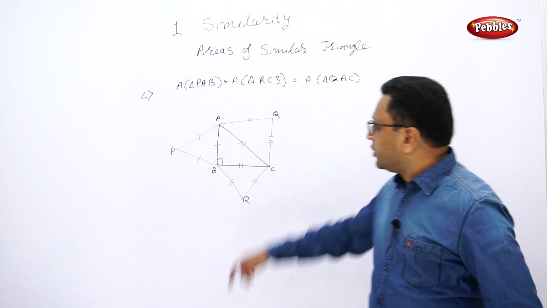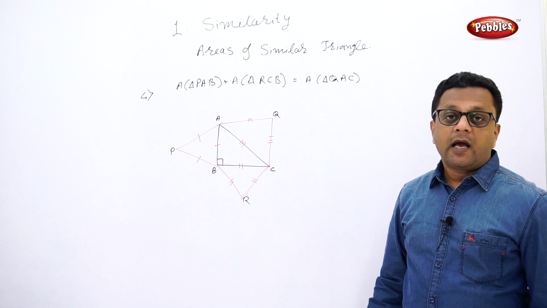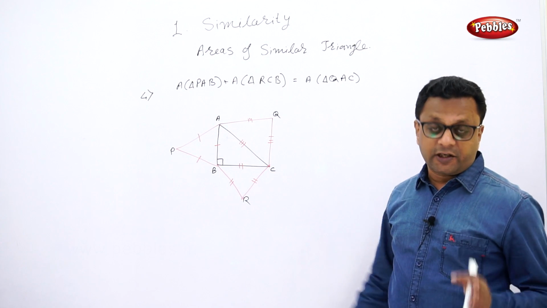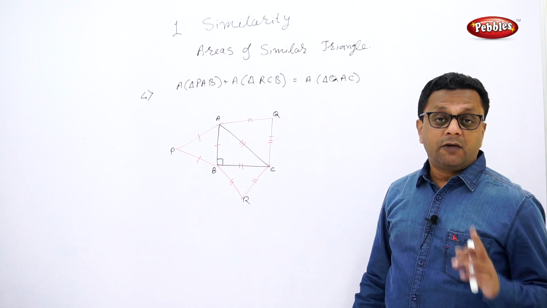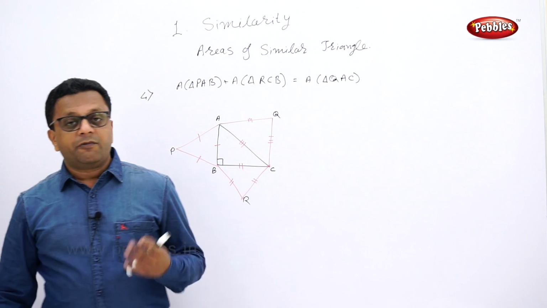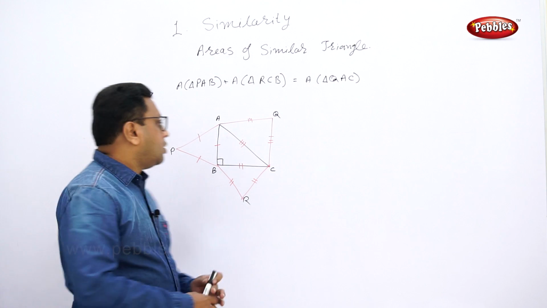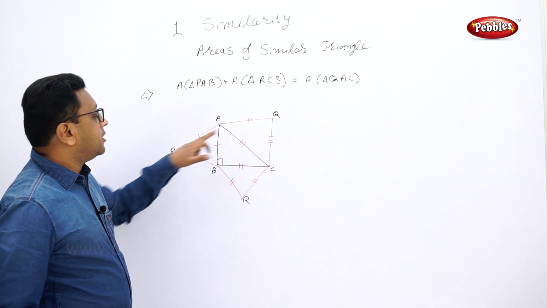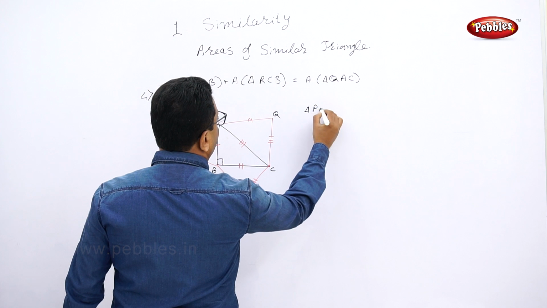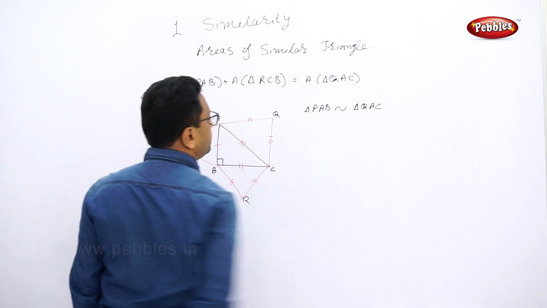First of all, let us consider these two triangles, then we'll consider these two triangles, and then we will add. Now, when these triangles are equilateral triangles, that means they are equiangular also. You know, as extra information, in any equilateral triangle the internal angles are 60 degrees. So since these two triangles are equiangular triangles, we know that triangle PAB is similar to triangle QAC.